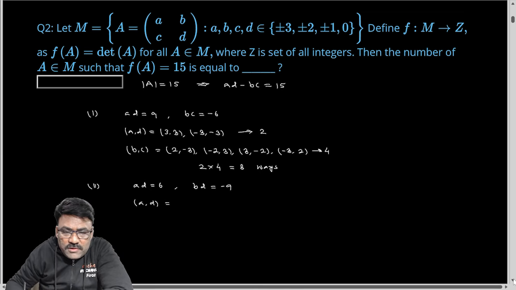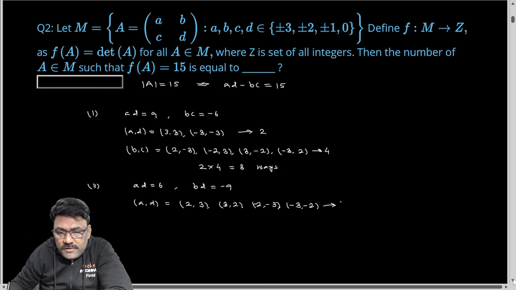AD is 6 means 4 possibilities: (2, 3), (3, 2), (-2, -3), (-3, -2). 4 possibilities here. And BC is minus 9, so 2 possibilities: (3, -3) or (-3, 3). So again we got 4 into 2, means 8 matrices.